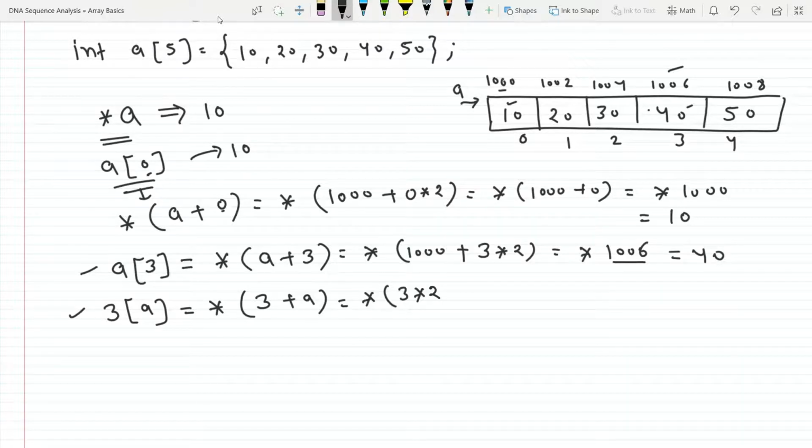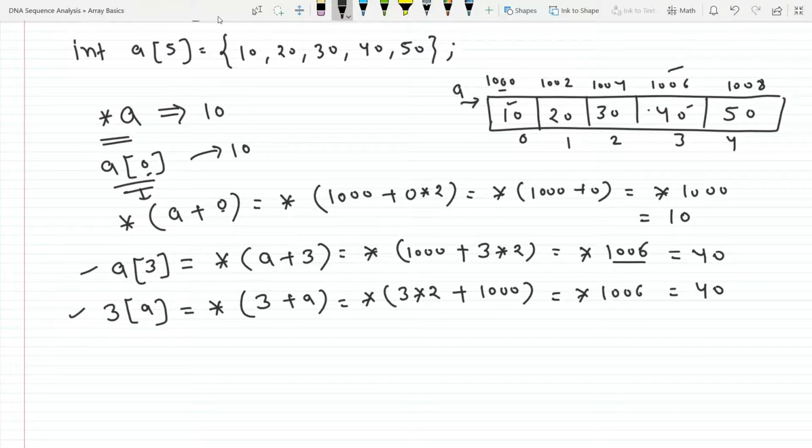The data type size is 2 bytes. And A is the base address of the array, 1000. So indirectly it is star 1006, which is nothing but the value at 1006, which is 40 in our case. I think this is clear to you people.